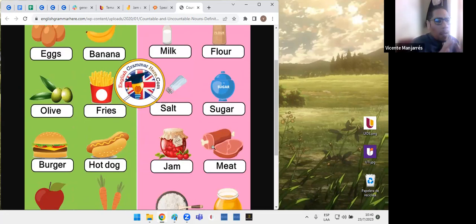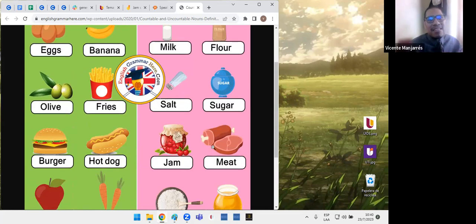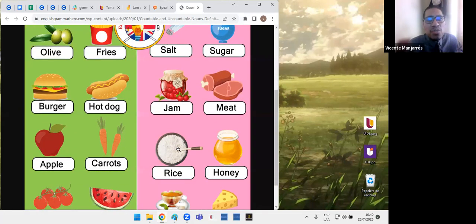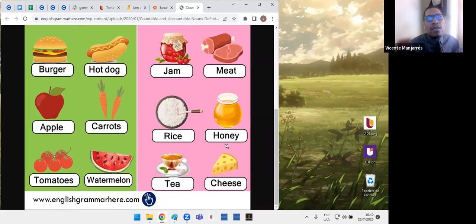Meat is like a whole unit, so you cannot differentiate when one muscle of the animal starts or ends, etc. Grains of rice are too small, or honey, once again, it's kind of creamy, liquidy, right? So you cannot really count it as a unit, but it's called uncountable.